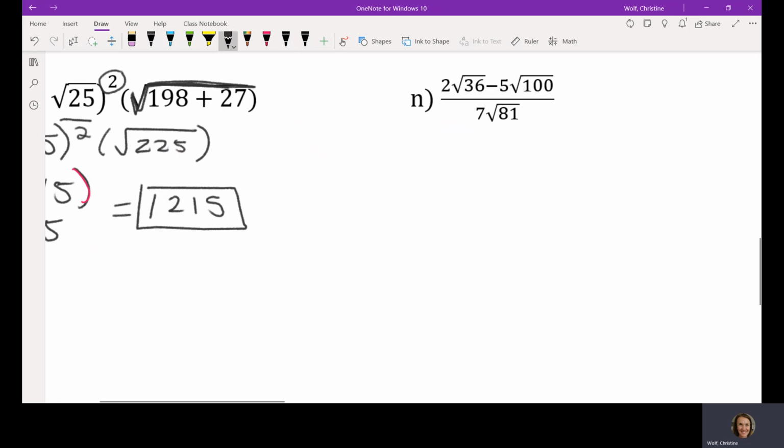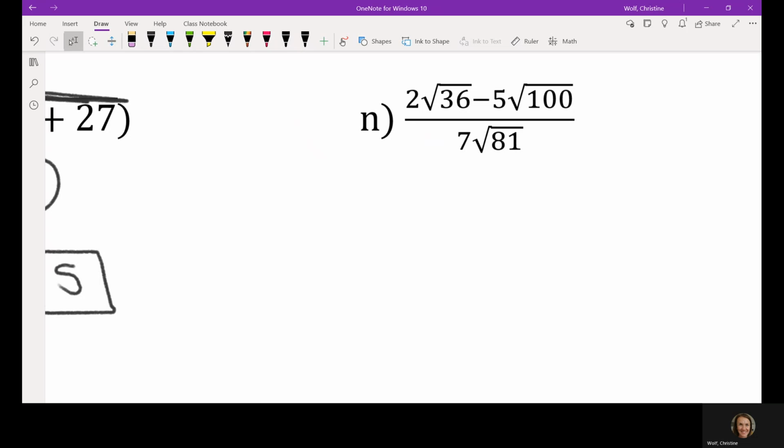Okay, last one here. I'm going to zoom in. We have 3 radicals. We have multiplication, we have subtraction, we have a fraction. Again, trying to throw everything I can at you. Get that down. The way I see this question, I see it like there's 3 people in it. 2 people on the top, they're minused, and then 1 person on the bottom.